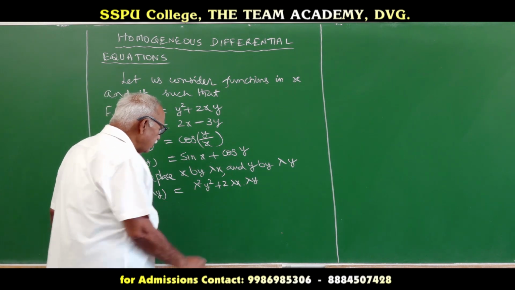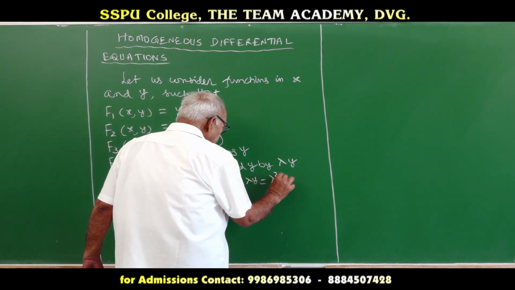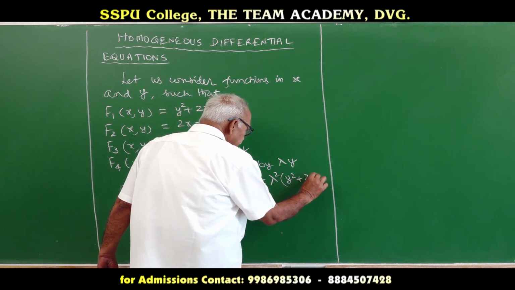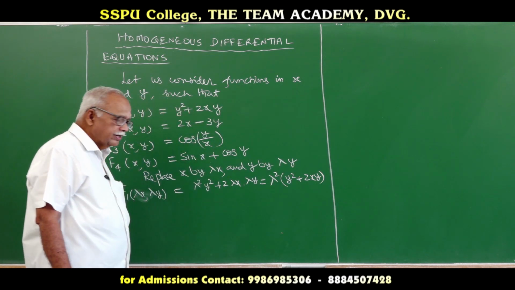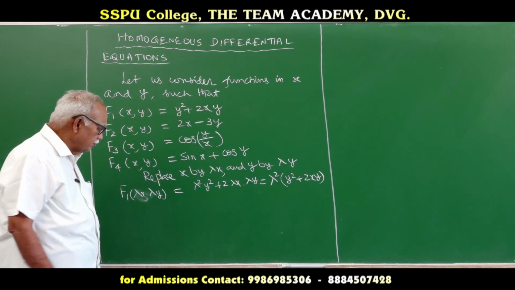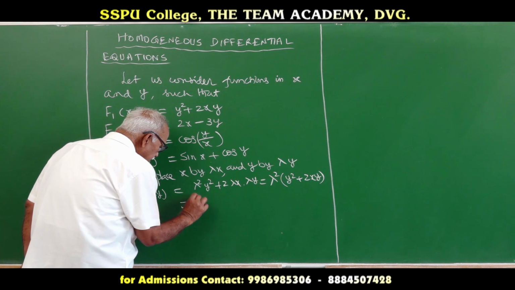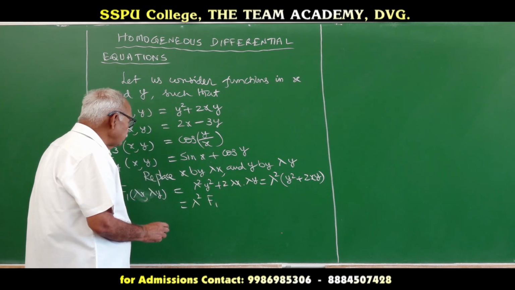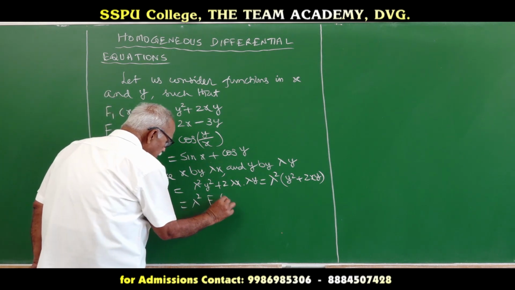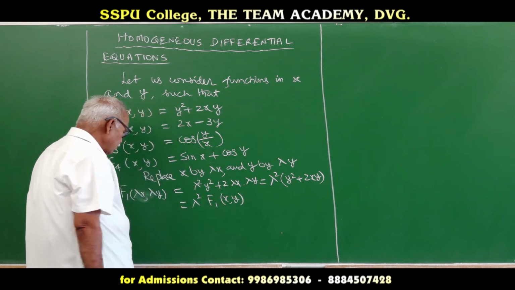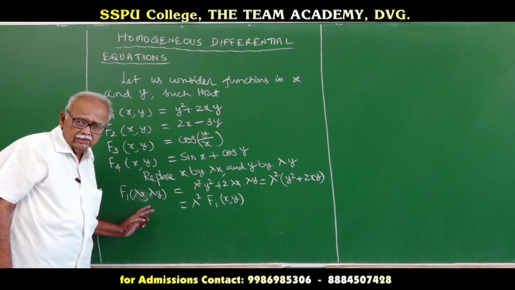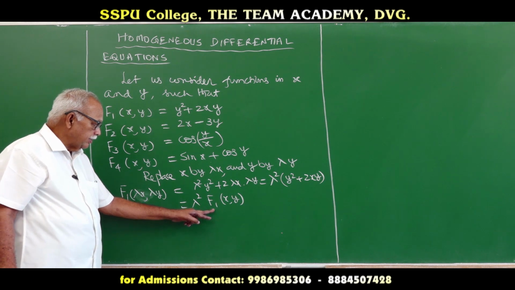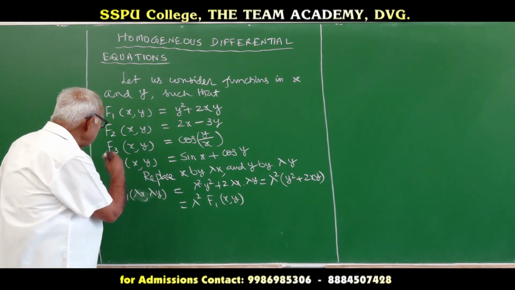Now, here I can write this as lambda square into y square plus 2xy, which is nothing but f1 of xy. So, we started with f1 of lambda x comma lambda y, which we got as lambda square into f1 of xy.